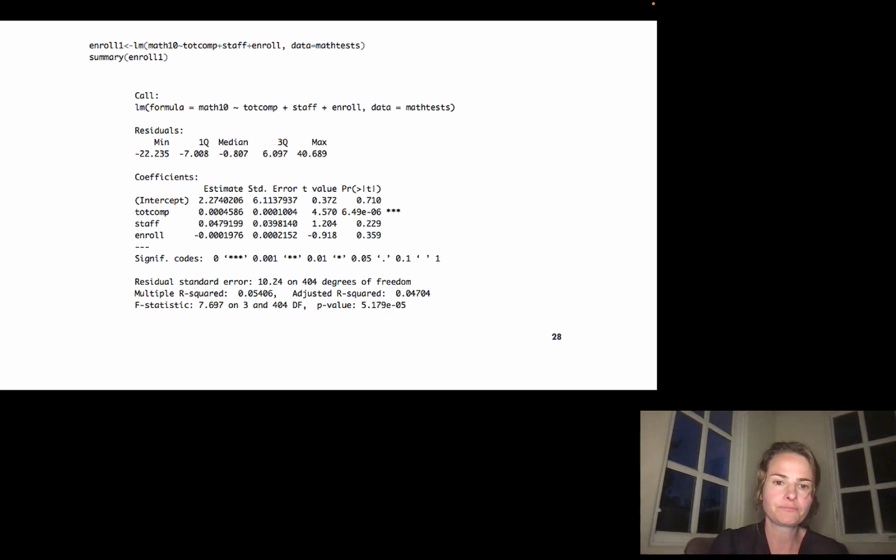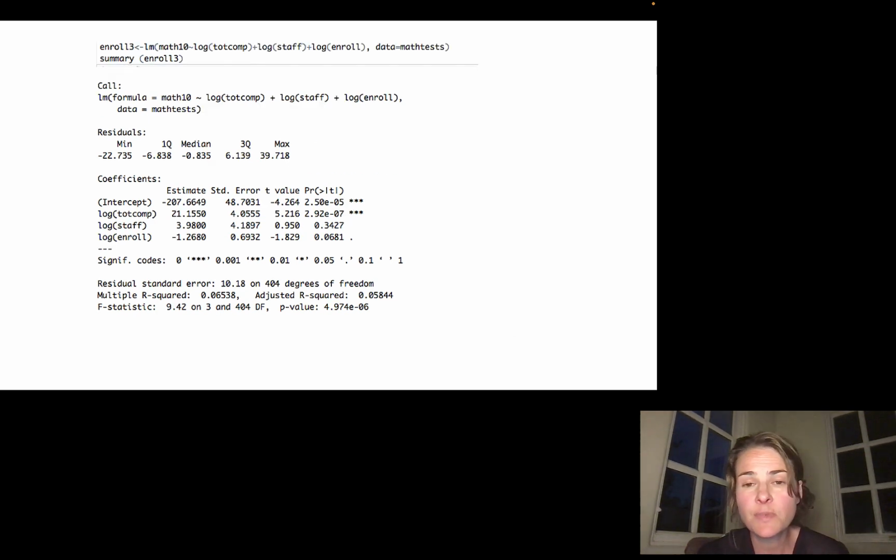Just to give you a picture, it's very easy to implement these in R. Here's a formula that's predicting scores on math tests in 10th grade as a function of the compensation and staffing of schools. The first model uses all of the straight numbers. In the second one, we simply use the word log, and R smartly turns them into logarithmic output. You'll notice that the numbers are very different, and we have a very different way of interpreting them because we're getting at percentage changes.